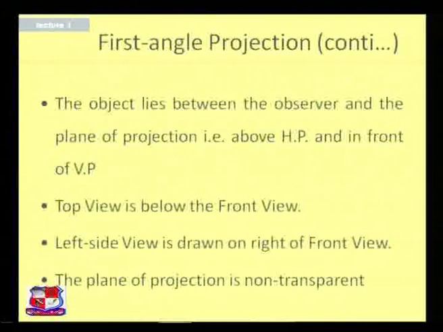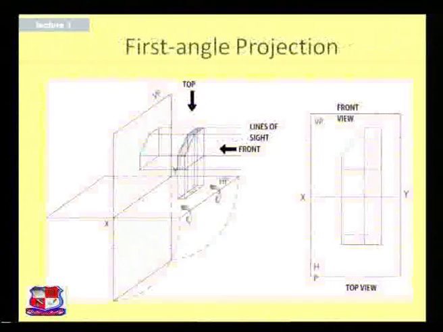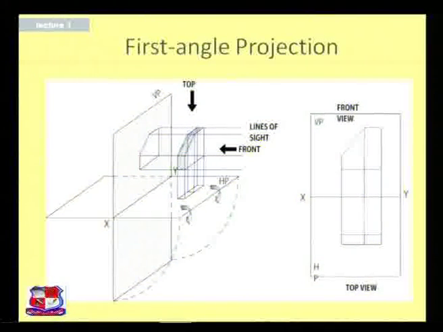The top view is below the front view. Now the left hand side view is drawn on the right of the front view, and the plane of projection is non-transparent. For this first angle projection method, the plane of projection is non-transparent. Why? Because in the first angle projection method, the first quadrant is above the different planes, so it is kept non-transparent.